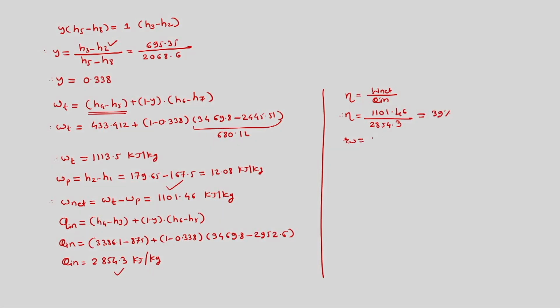Work ratio RW is equal to W net upon WT. So we have W net as 1101.46, and turbine work is 1113.5, and this gives us 0.989 as the work ratio. We have to keep this point in mind.